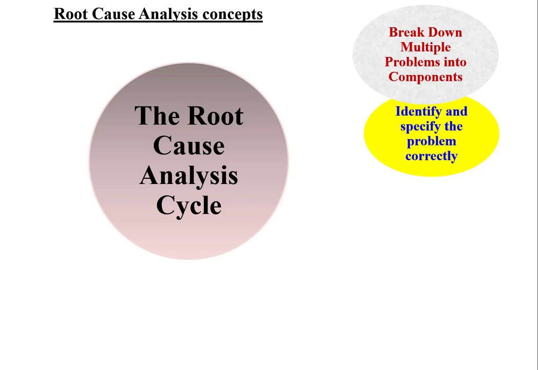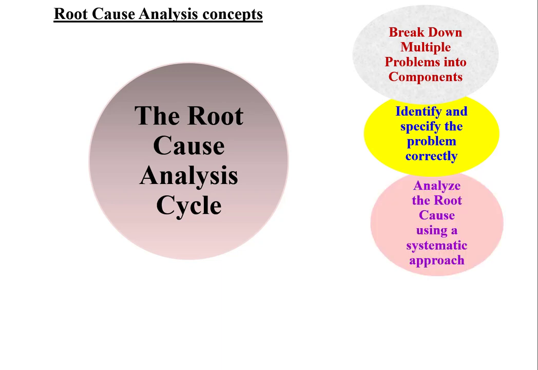Once we break the system into components, we will be able to check the system for input and output, and this will enable us to identify and specify exactly what the cause is, what the problem is, and we have to apply a systematic approach. We have to follow the 6 steps and the systematic approach by using some tools and aids like the fishbone diagram, like fault tree analysis, like 5 Why tools, Pareto analysis for prioritizing, and so on.